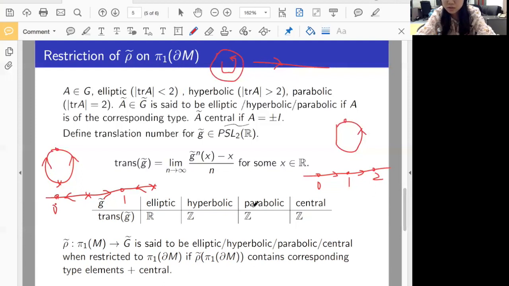So it's also an integer. And for the central elements, they act on the real line just by integral translations, so they can only be integers. And therefore, for hyperbolic and parabolic elements, the translation number will lose some information about the action on the real line.